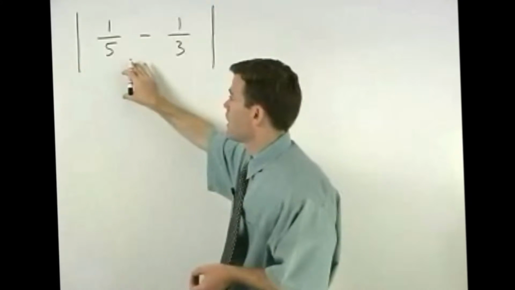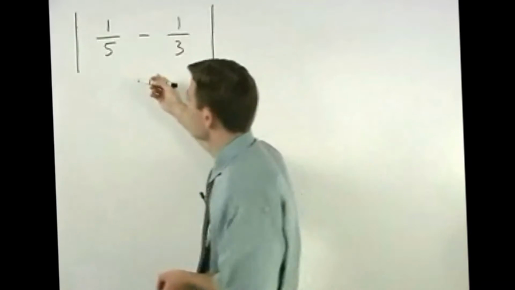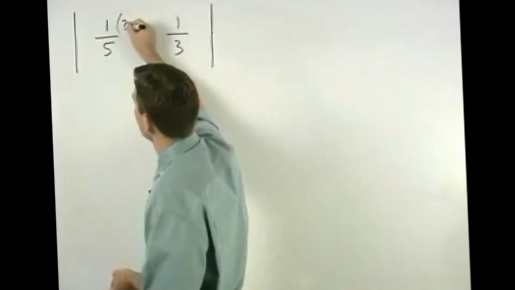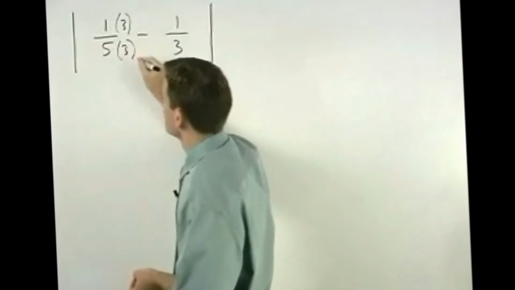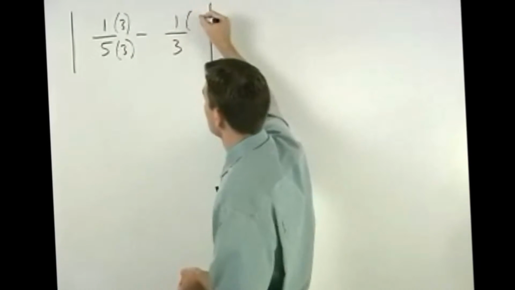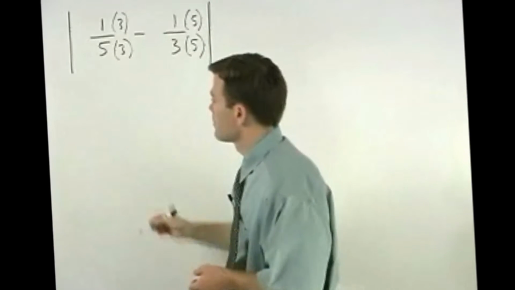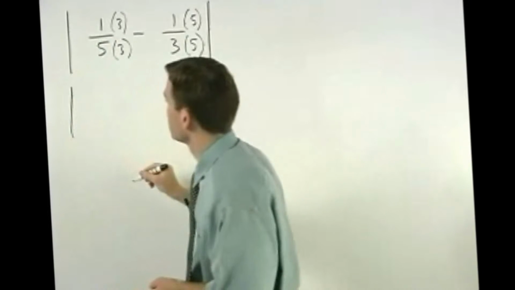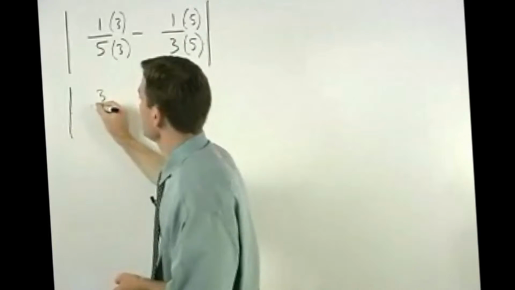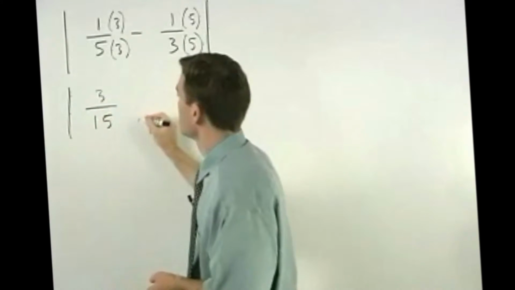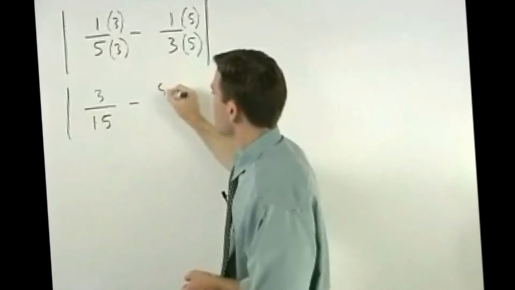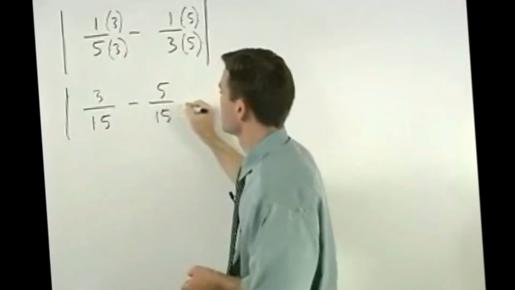So we multiply top and bottom of this first fraction by 3, and top and bottom of the second fraction by 5. So we have the absolute value of 3 over 15 minus 5 over 15.